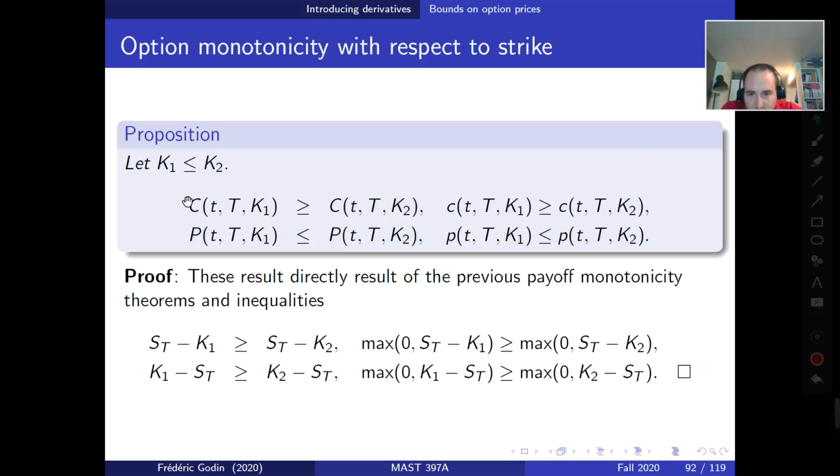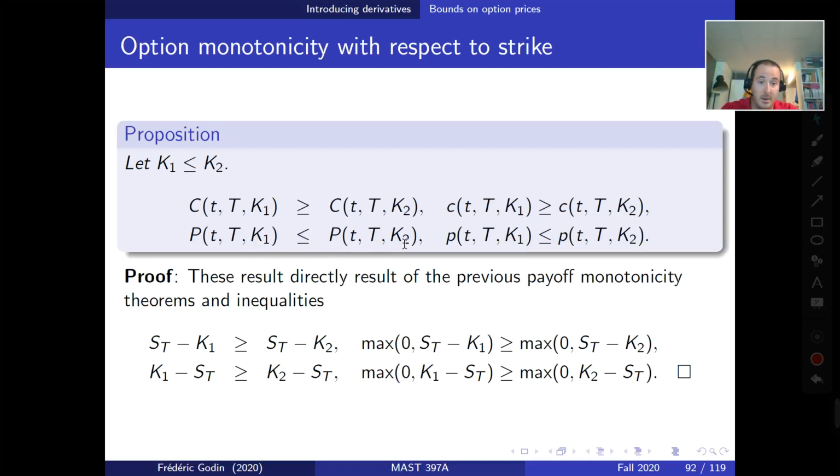And this is true for both the American call option and the European call option. For put options, it's the opposite result. So the price of an American put option with strike K1 is smaller or equal to the price of the American put option with strike K2.